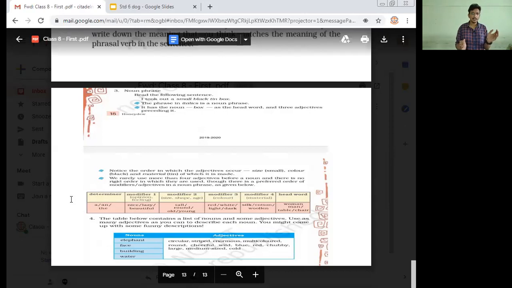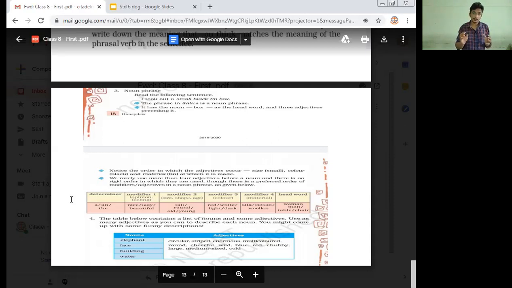So look, there is an order there, a small black tin box. Instead of that, if you're using a black tin small box, it is not that much good. So there is an order. If there is a number of adjectives that appeared in front of a noun, you have to follow an order, right? So that is what is given in that box.